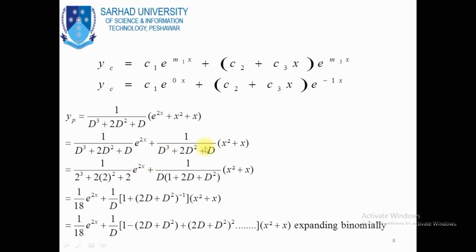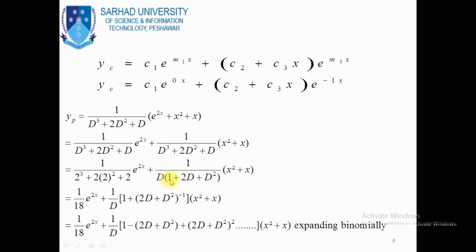Now for the particular solution part for the polynomial, take the lowest degree term common. D is the lowest degree term. The degree of this term is 3, the degree of this term is 2, and the degree of this term is 1. So this is the lowest degree term. Taking D common, we can write 1 plus 2D plus D square.